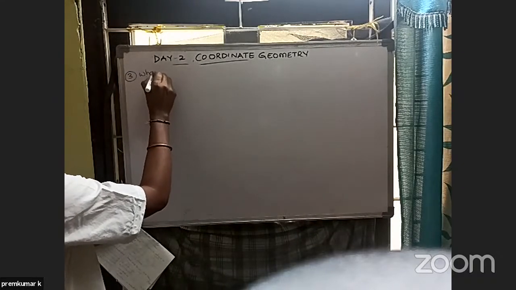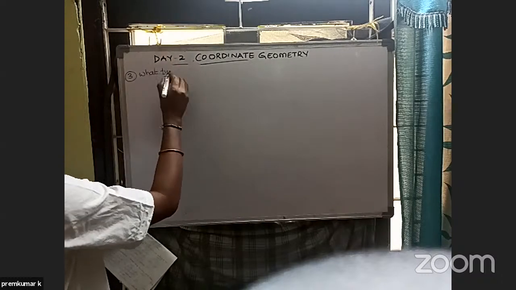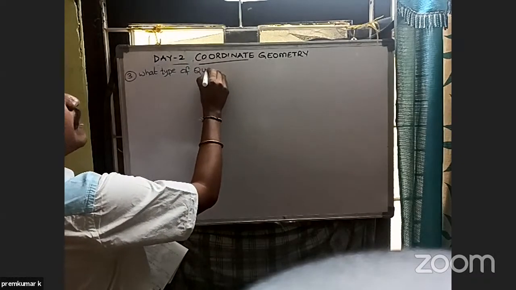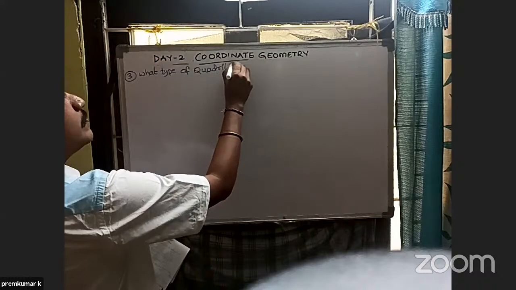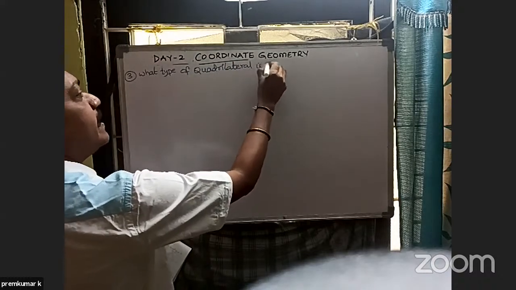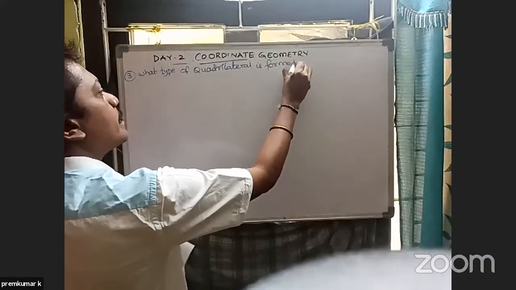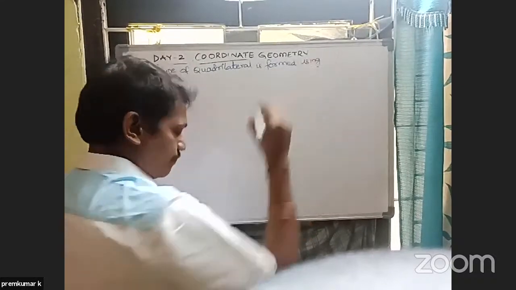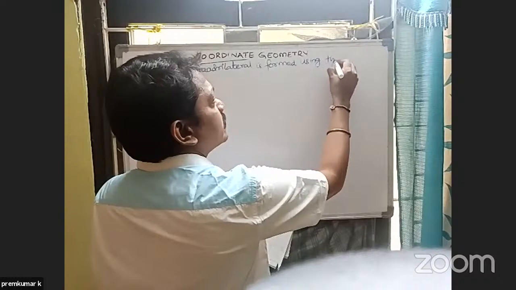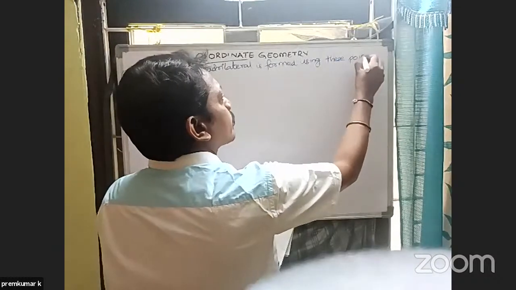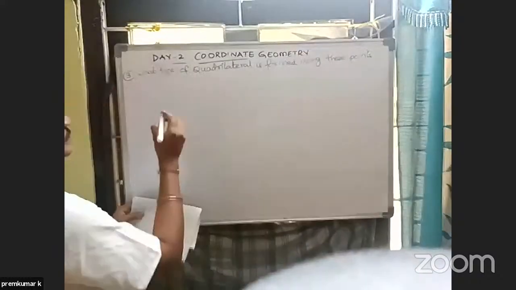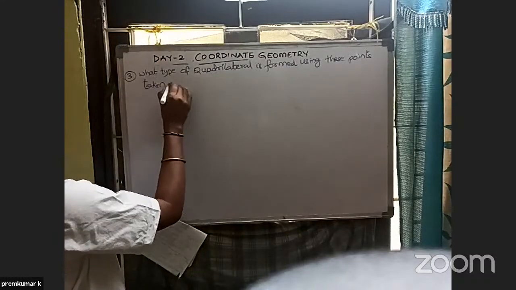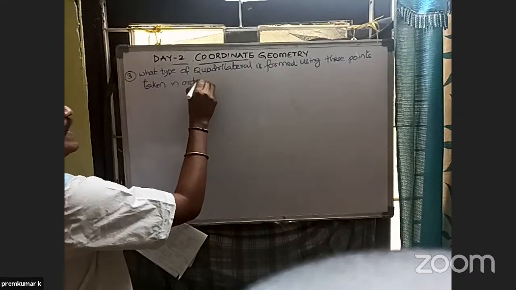What type of quadrilateral is formed using these points? The points are taken in order. Taken in order. This is very important.